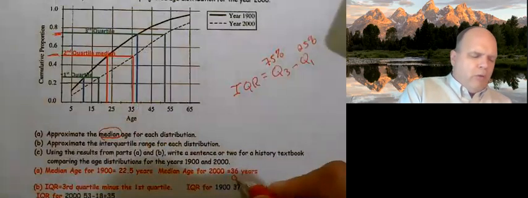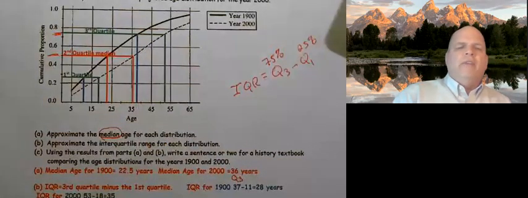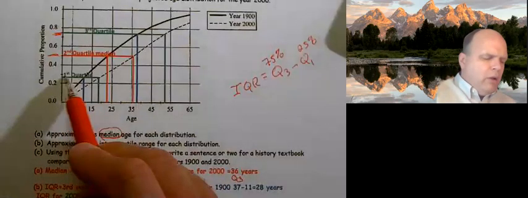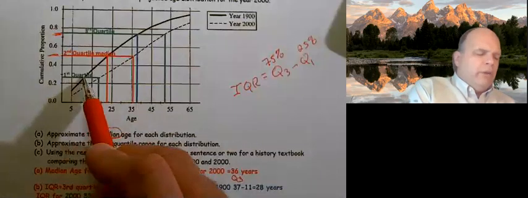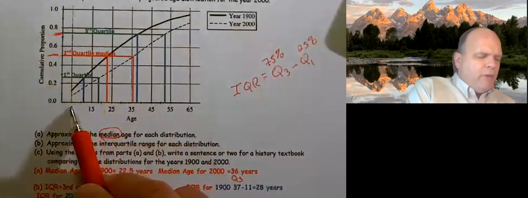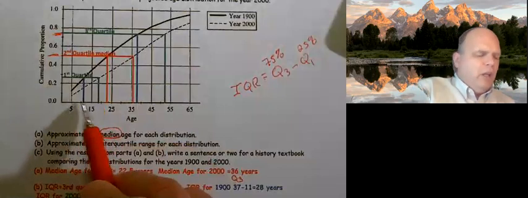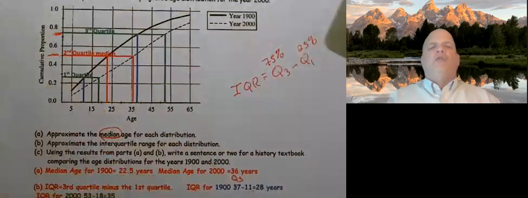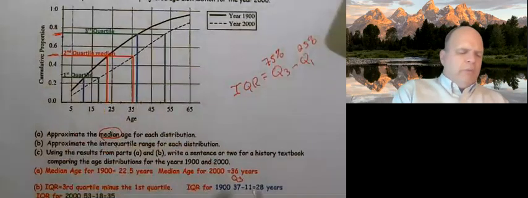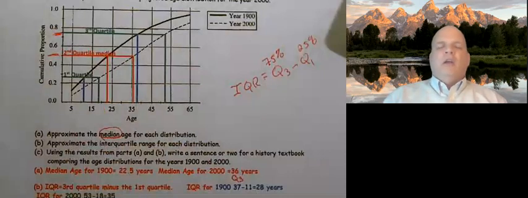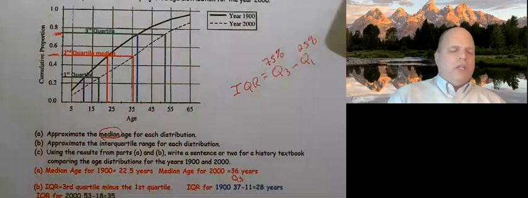So I said Q3 was 37. Then I went over at the 25th percentile to the 1900 graph and dropped down, somewhere between 5 and 15, about 11. So 37 minus 11 is 28. So basically, the range for the middle 50% of the data is 28 years.